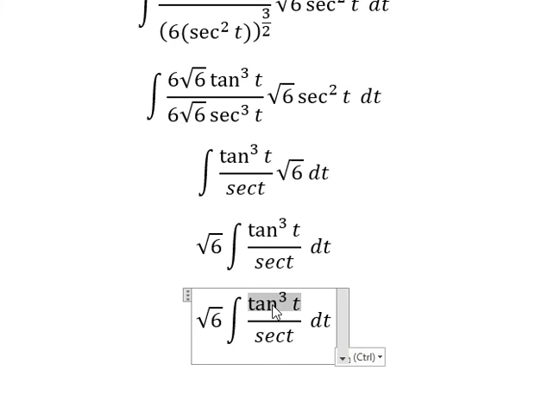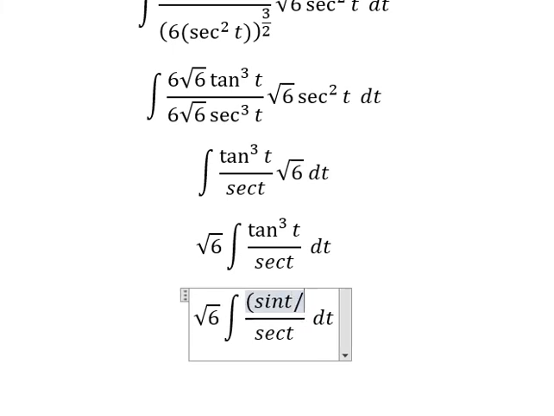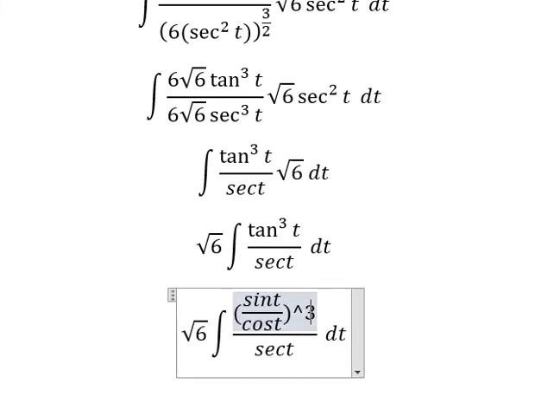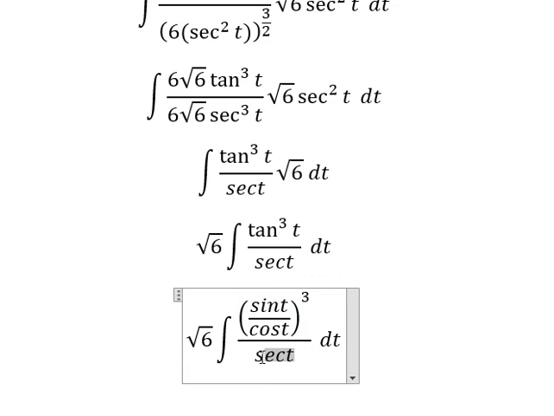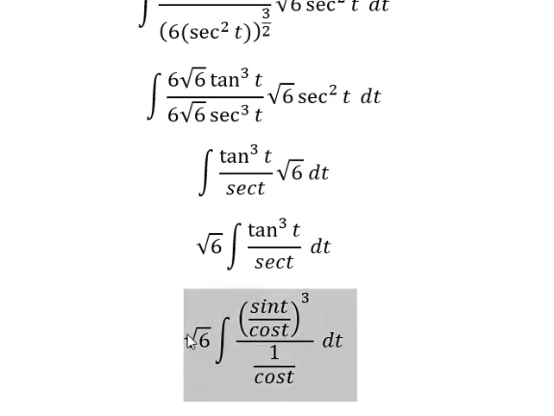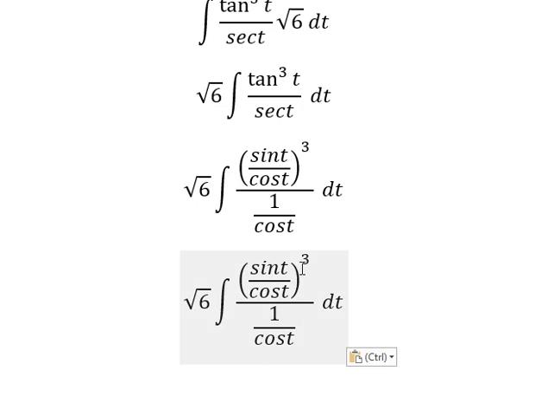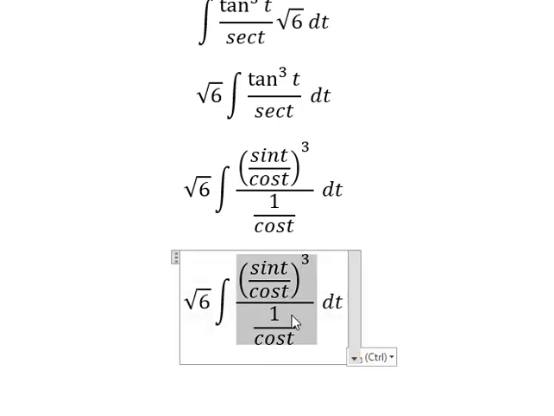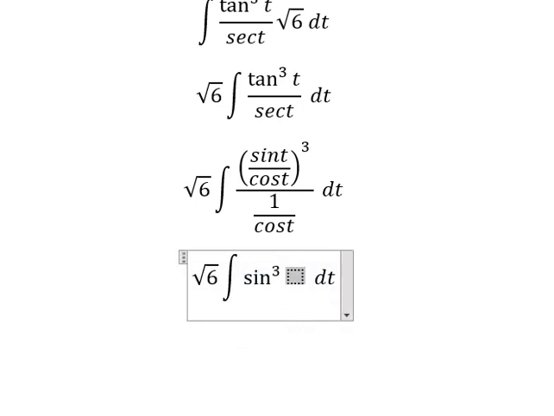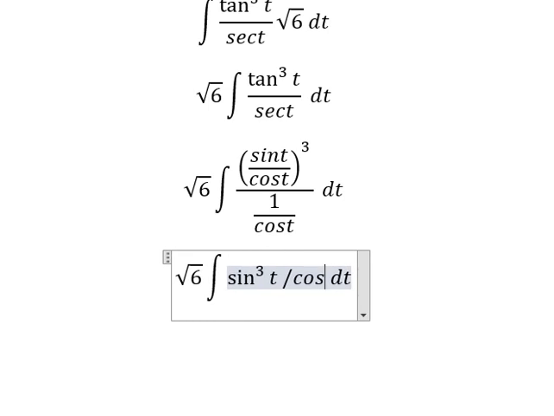This one is sin t over cosine t to the power of 3. This one we have 1 over cosine t. And now we simplify, and we have sin t to the power of 3 over cosine t squared.